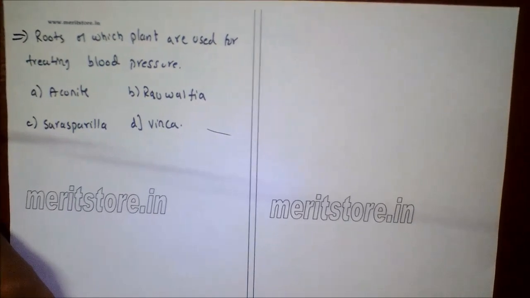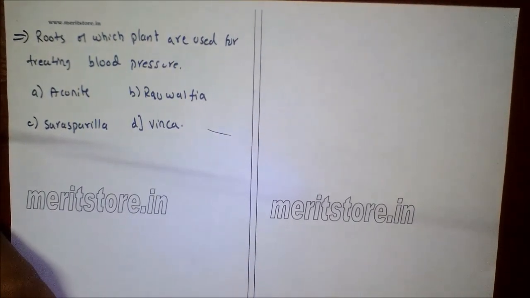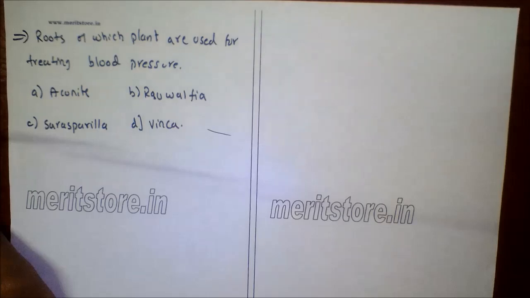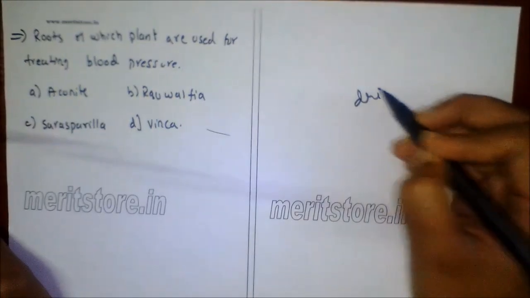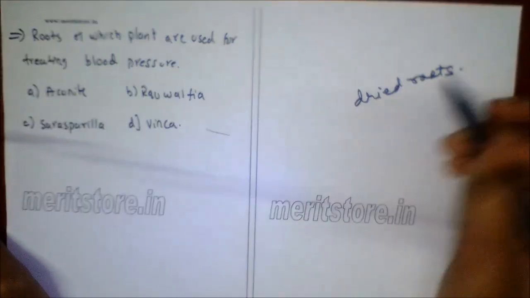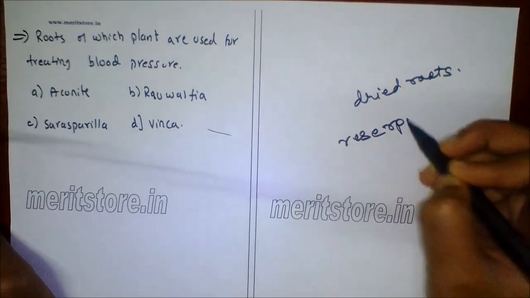Roots of which plant are used for treating blood pressure? A. aconite, B. Rauwolfia, C. sarsaparilla, D. Vinca. So in Rauwolfia serpentina, the dried roots are an important source of the alkaloid reserpine.